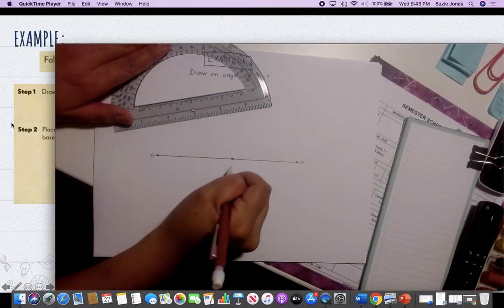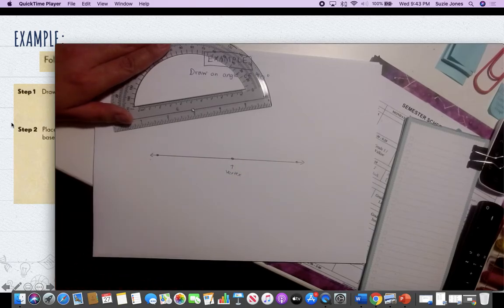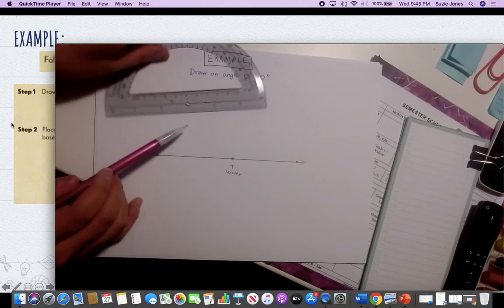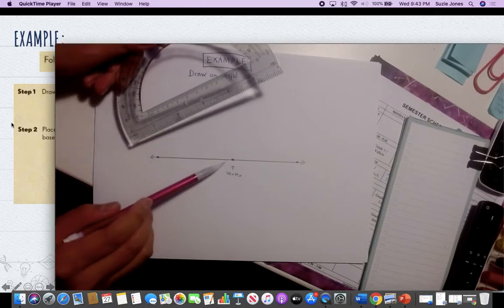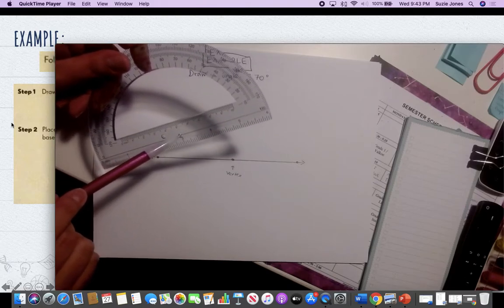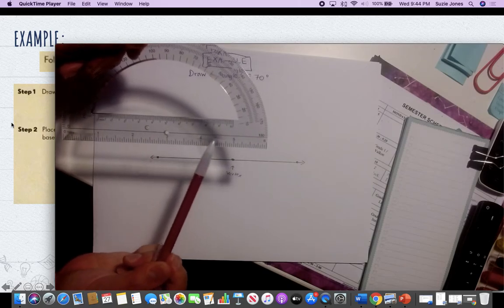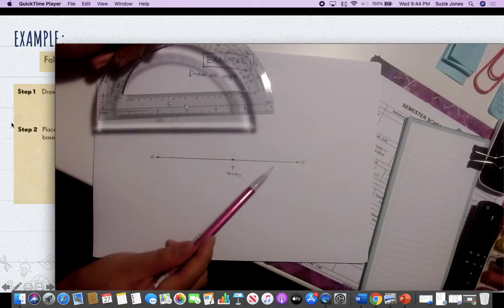Okay, and here, that's my vertex. Okay. So what you're going to do next is you're going to put the vertex inside the center of your hole. Not only that, you're going to match the baseline on the protractor with the horizontal line that you drew on your paper.